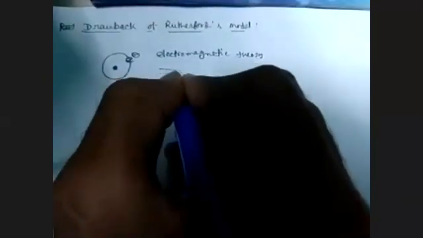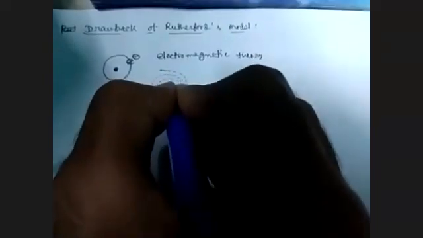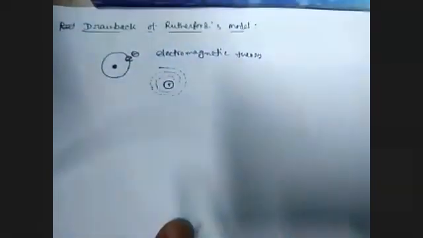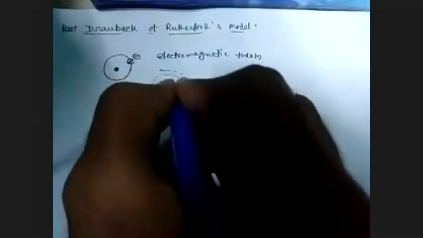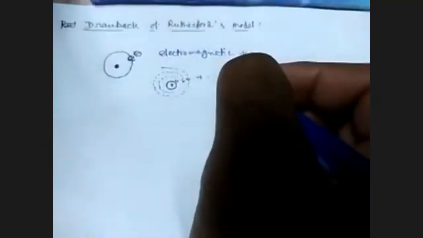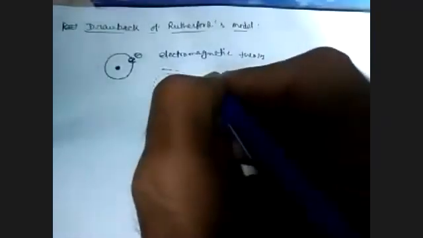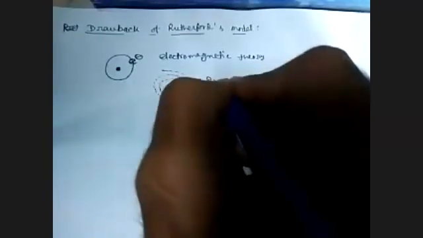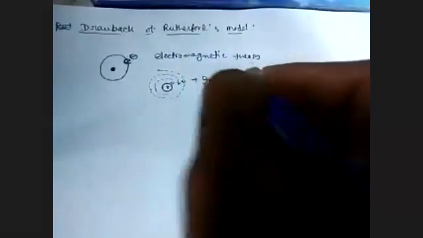Slowly it comes closer to the nucleus, and at the end it will collapse into the nucleus, which makes the atom unstable.